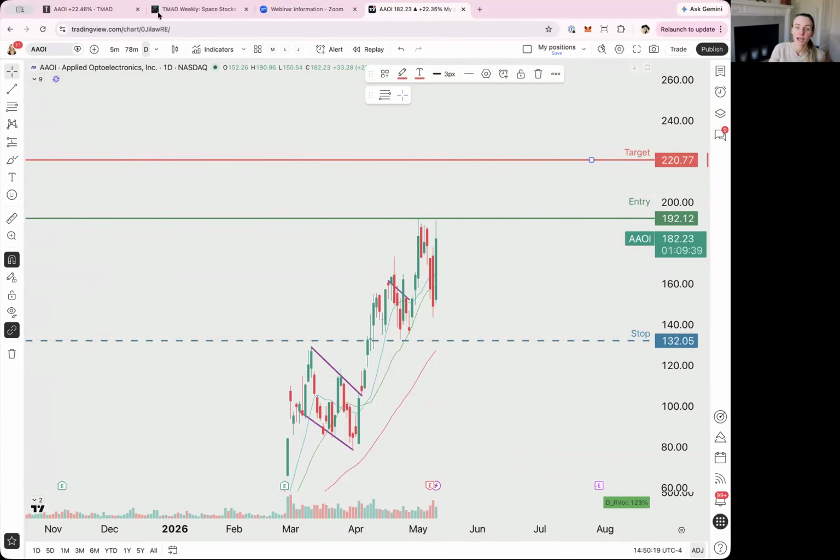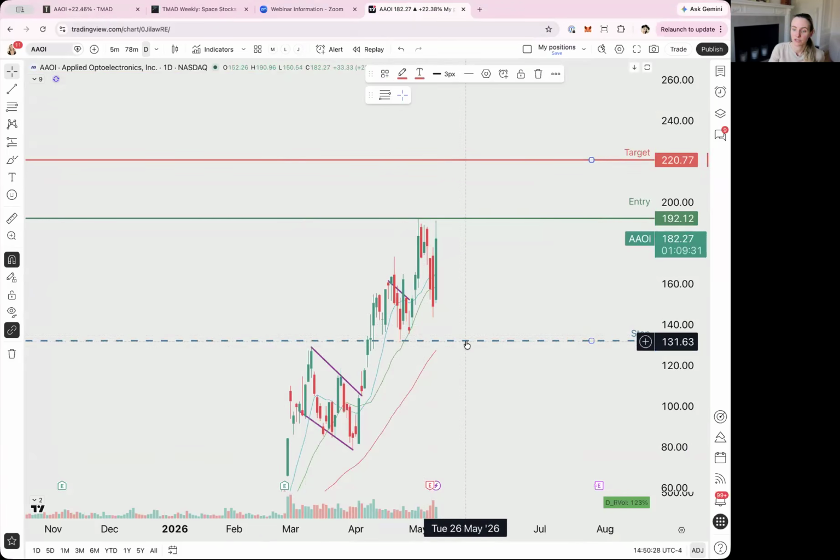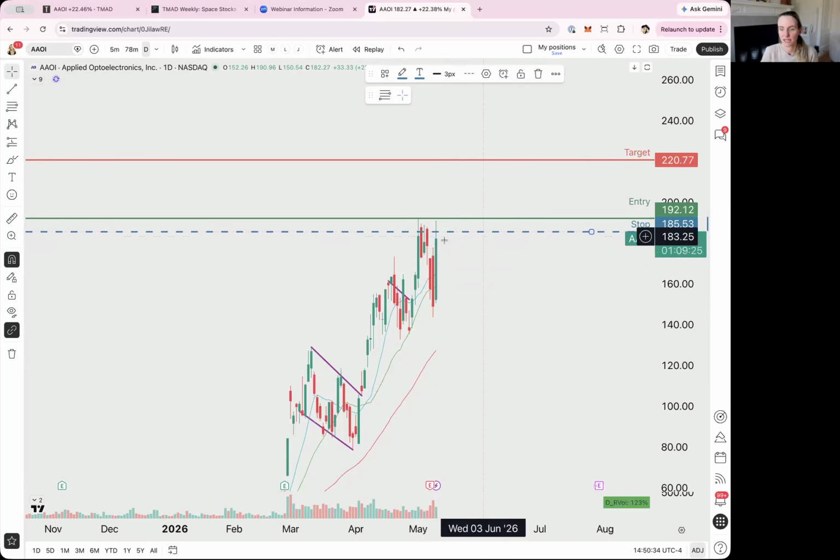With a 192 entry, I would have a stop at 185, quite frankly, somewhere here, okay? That's a new setup because you don't want to enter now, close to resistance, where you can retest all this move. So that would be one thing. You can play the breakout on AOI.